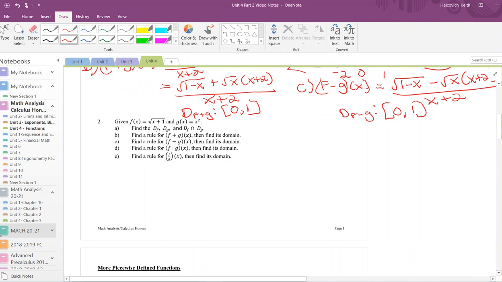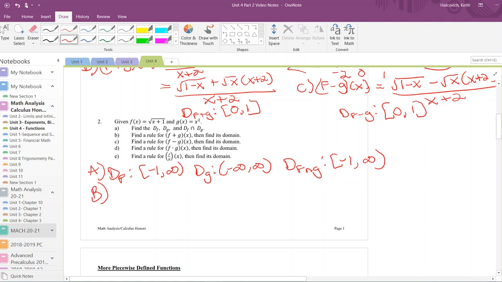For number 2, part A, the domain of f is greater than or equal to negative 1. The domain of g is all real numbers. So that means the domain of f intersection g is from negative 1 to infinity.